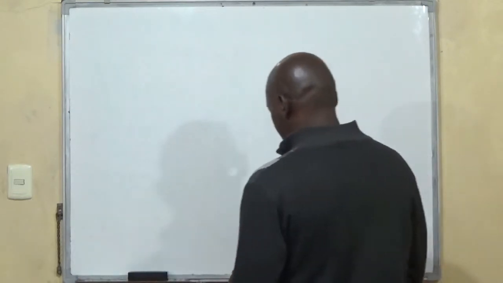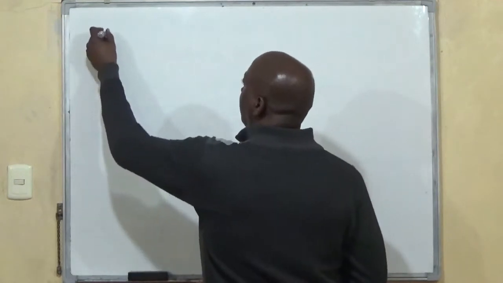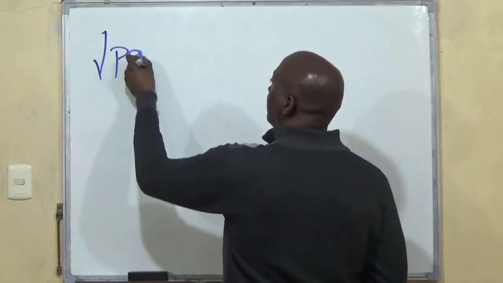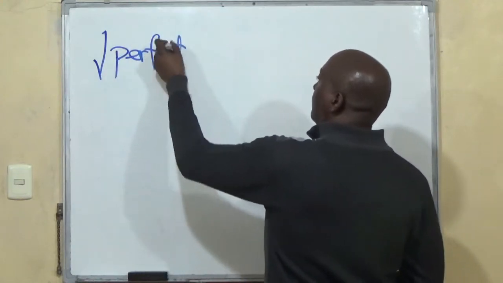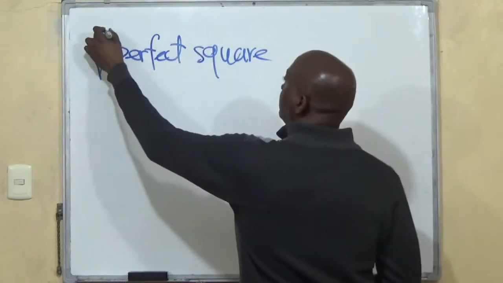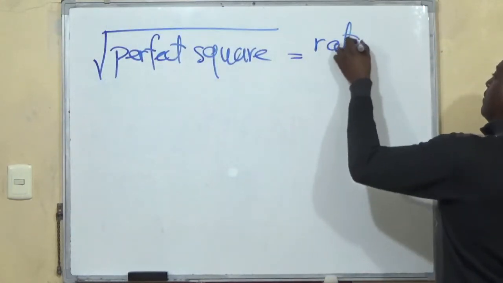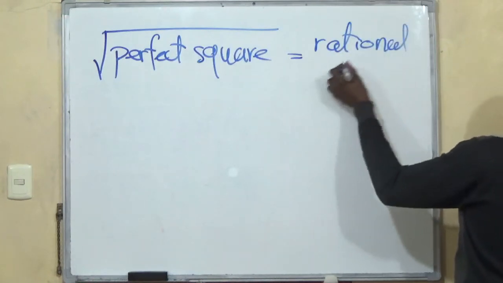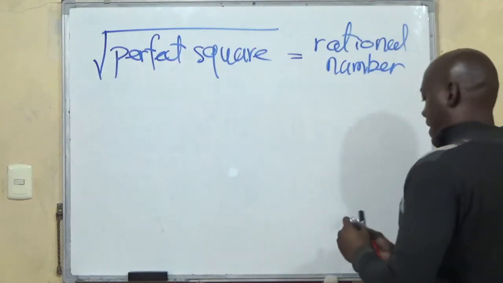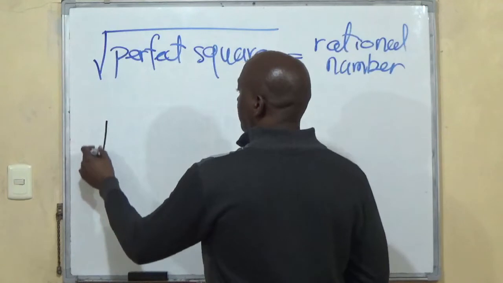Alright? So the square root of a perfect square is a rational number, and the opposite is also true.